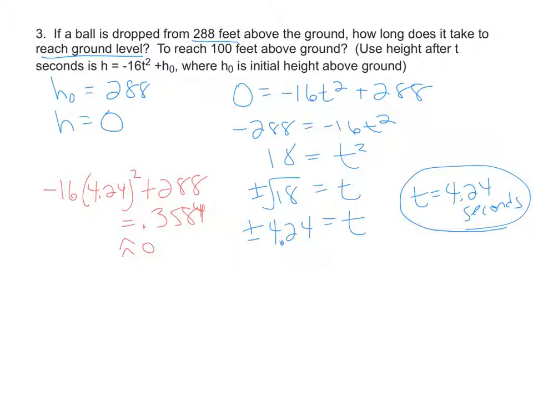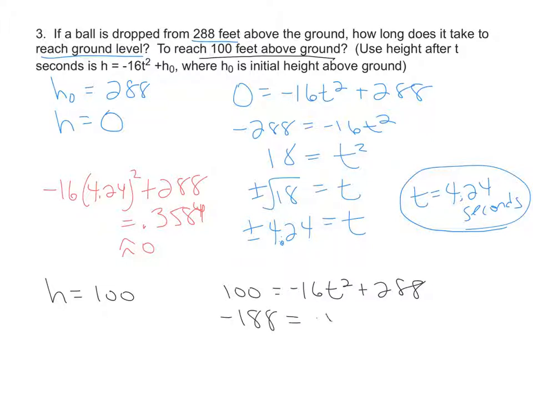For the second question, they want to know when it'll be 100 feet above ground. So in this case, my h is 100, and I'm going to have 100 equals negative 16t squared plus 288. And I still only have a t squared and no t. So I can still use my square root property. I need to subtract the 288 from both sides, divide by negative 16, and then take the square root.